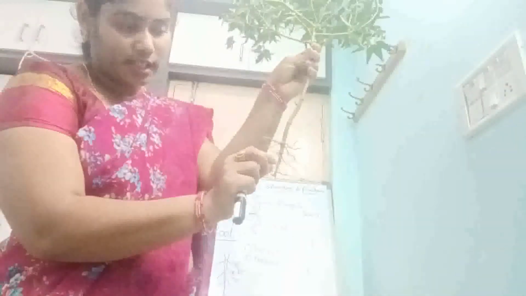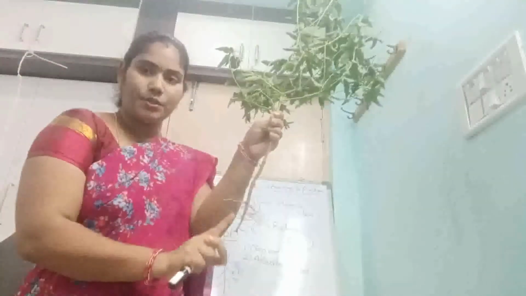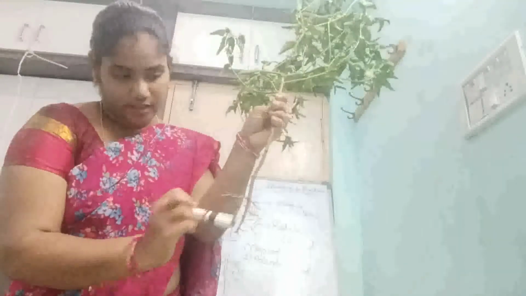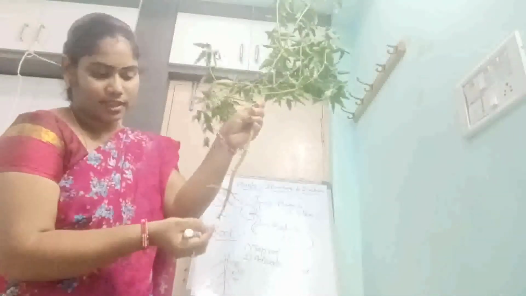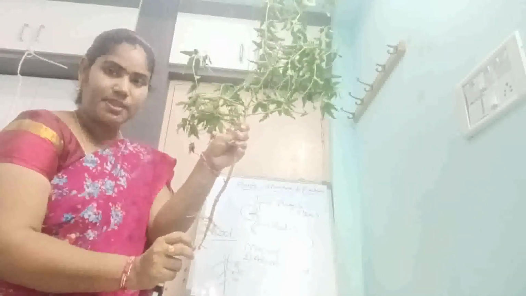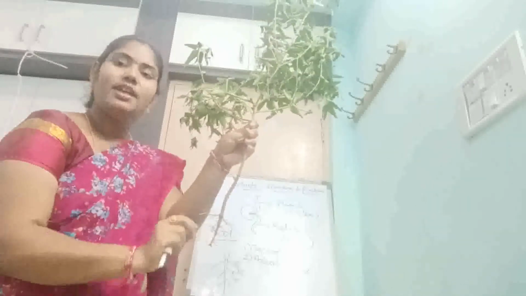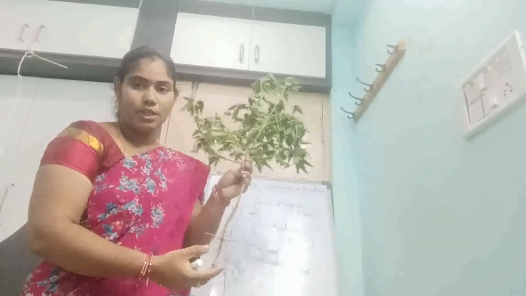Of course, we see some root hairs on these lateral branches also. At the tip of the root is the root tip. Around the root tip, the root cap is present. This root cap protects the root tip from injuries. So this is about the taproot system.